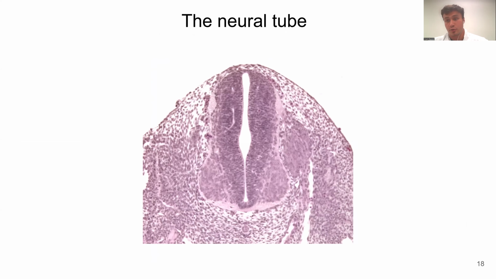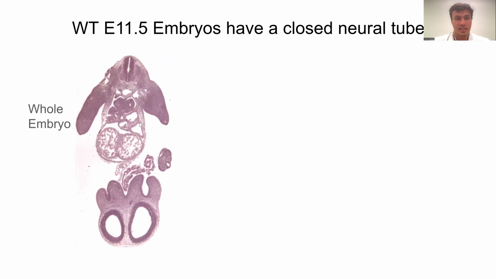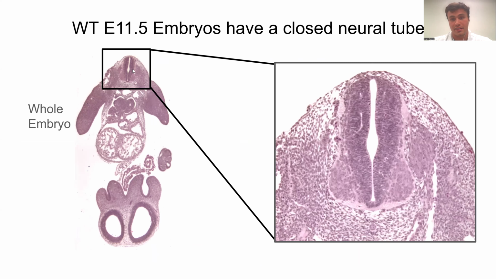So the structure that we're going to be concerned with is called the neural tube. This is what this will look like in a transverse section. And we can see that the neural tube is located on the dorsal surface of the whole embryo here on the left, and that the neural tube is properly closed in wild-type mice, and there is no opening on the dorsal surface.